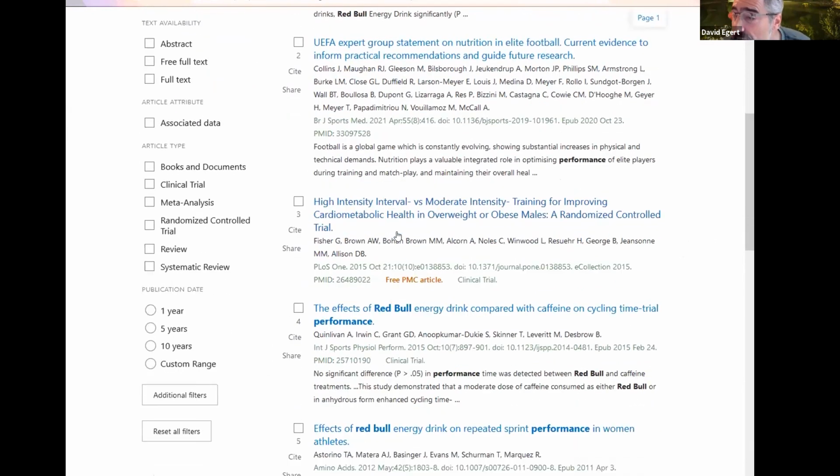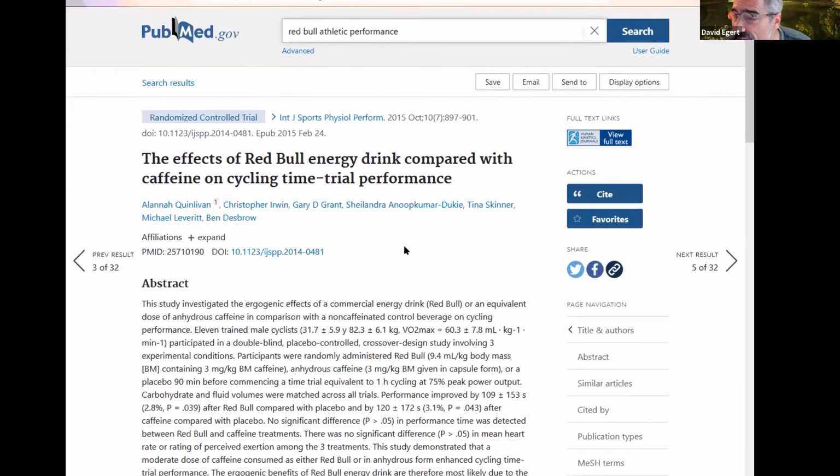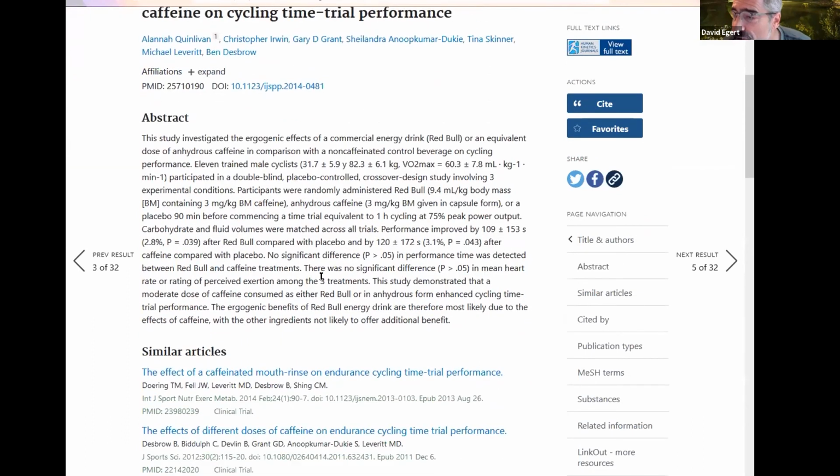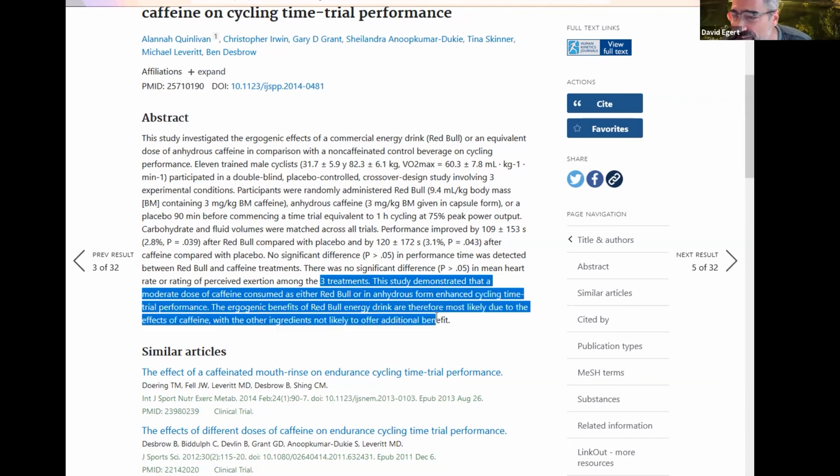If we go back here, Red Bull versus caffeine, we get to the end: no significant difference in mean heart rate or perceived exertion in the treatment study. Demonstrates moderate dose of caffeine consumed with either Red Bull or in an anhydrous form enhanced cycling performance. The ergogenic benefits of Red Bull, therefore, are most likely due to effects of caffeine.